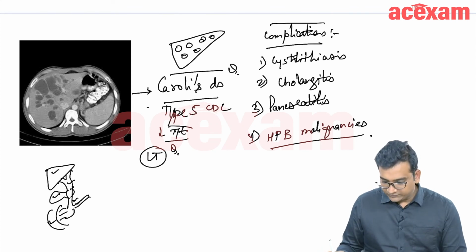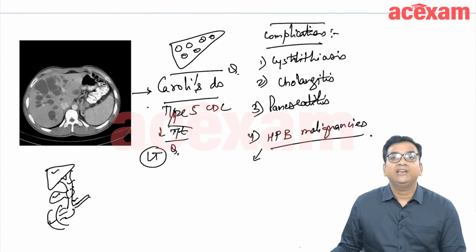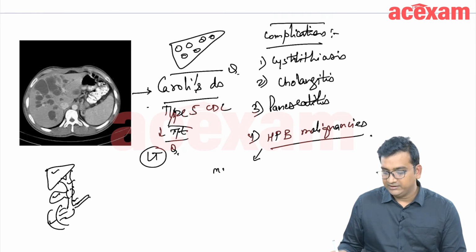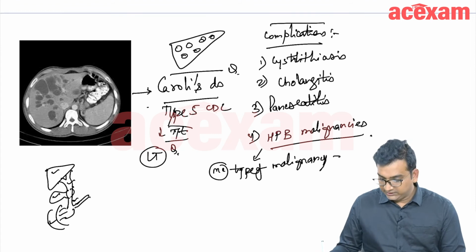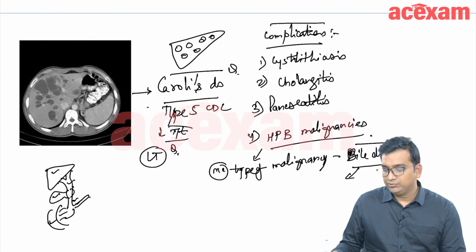Okay. And among all the HPB malignancies, the most common type of malignancy seen in choledochal cyst is malignancy of bile duct. Okay, and the most common site is the posterior wall of bile duct.